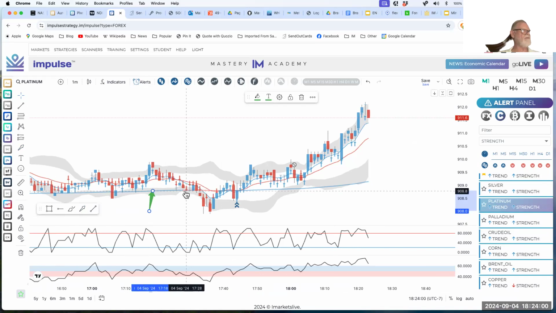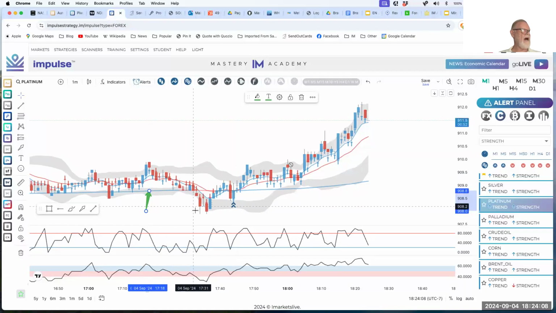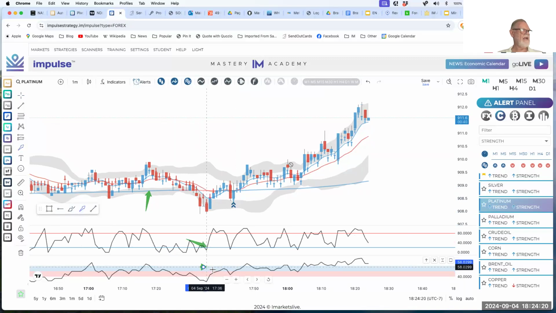We bounce, we bounce, we bounce. We tested below, but here's our macro trend arrow right here. We're looking for buys. Here's another sign: we bounced up through the blue right here, and up through the red from the blue.